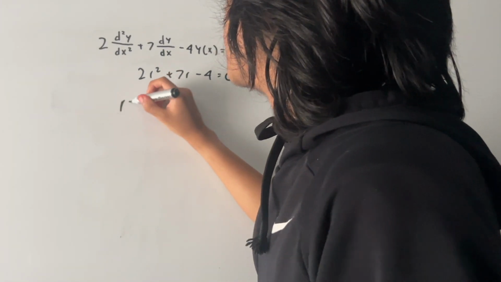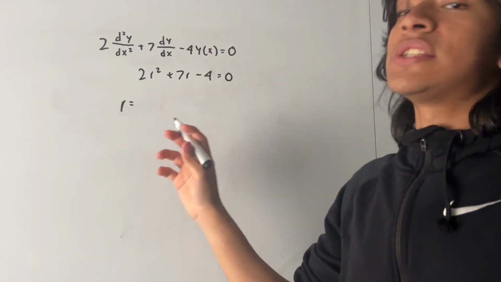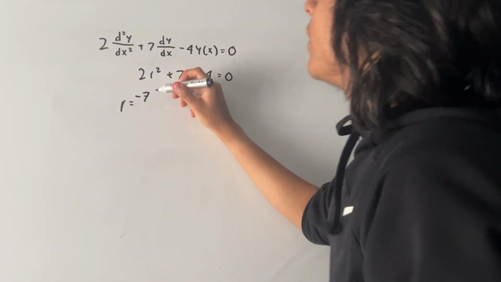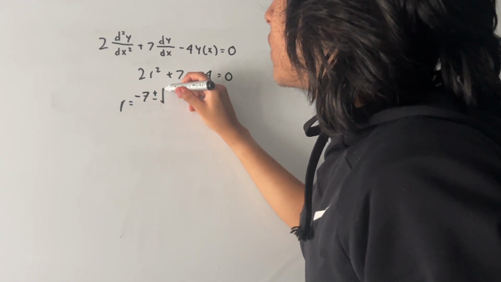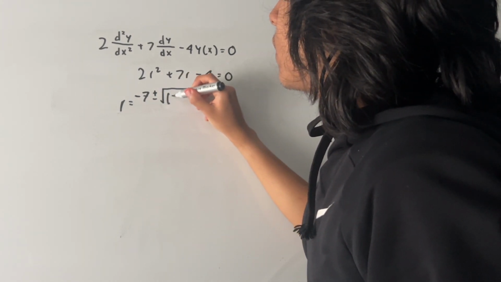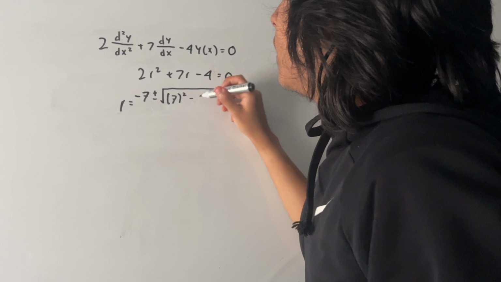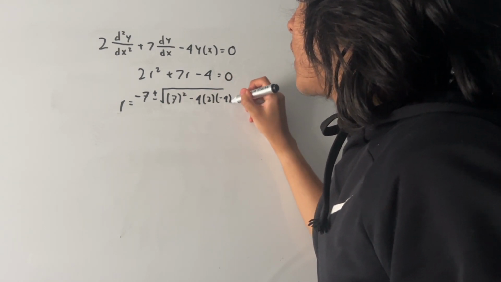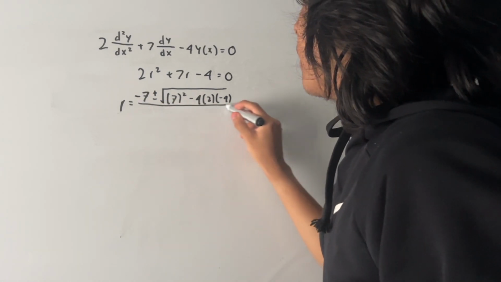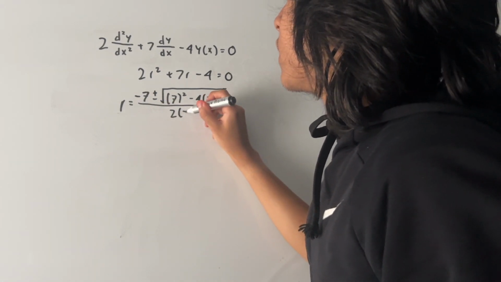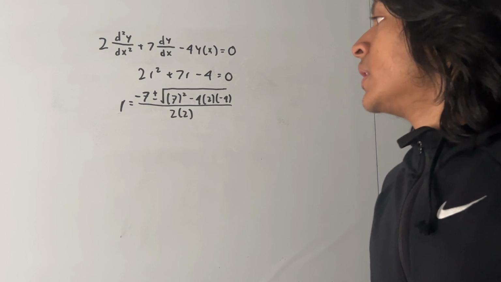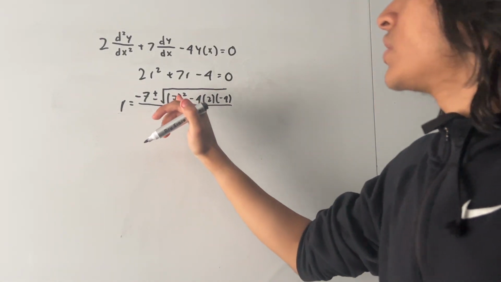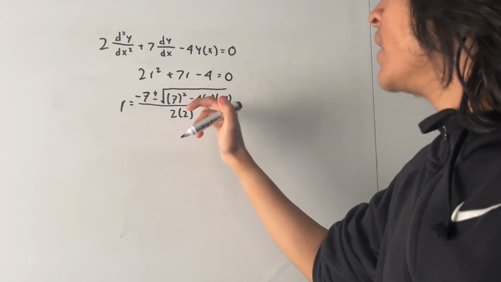So r is going to be equal to, b in this case is 7, but this is going to be negative 7 out here, plus or minus the square root of 7 squared minus 4 times 2 times negative 4, then 2a, which is 2 times 2. So let's just make this smaller. 7 times 7 is 49.